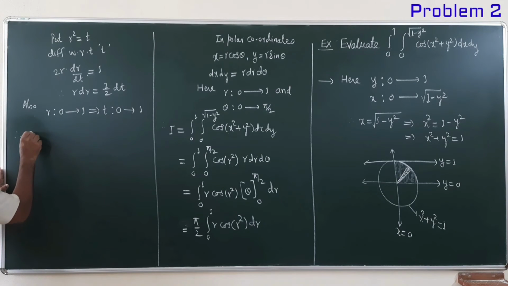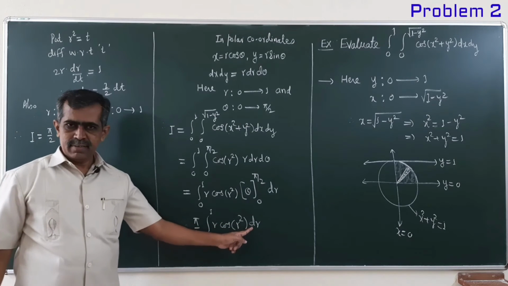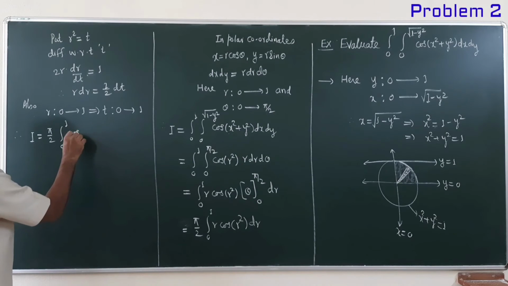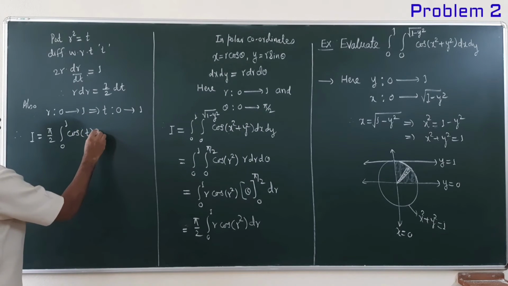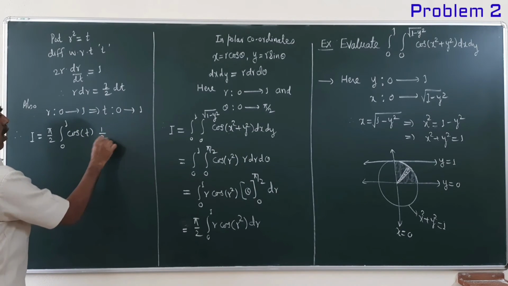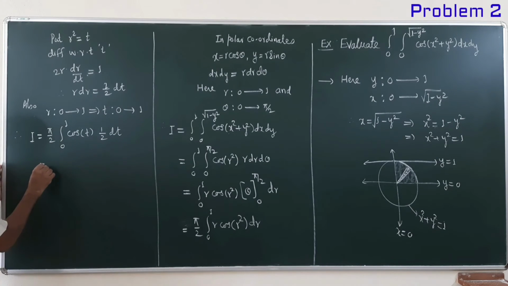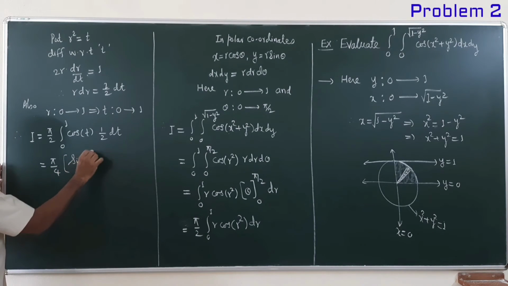Therefore I is equal to pi by 2 integral 0 to 1, where r dr is half dt and cos of r square is cos of t. Take the half outside, so this equals pi by 4 times the integral of cos t, which is simply sin t, from 0 to 1.